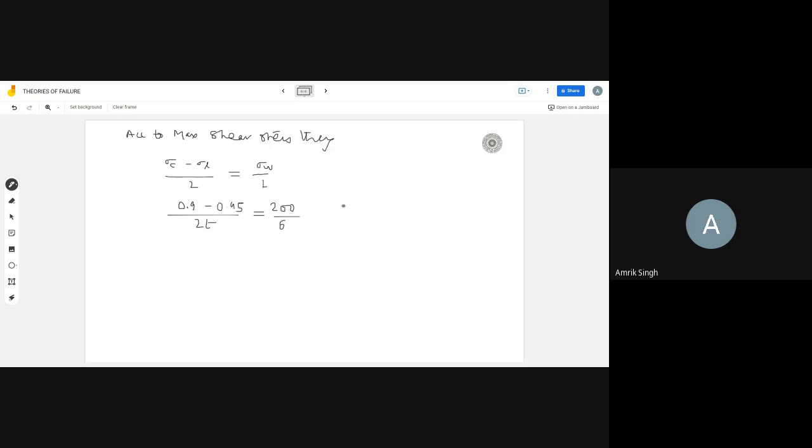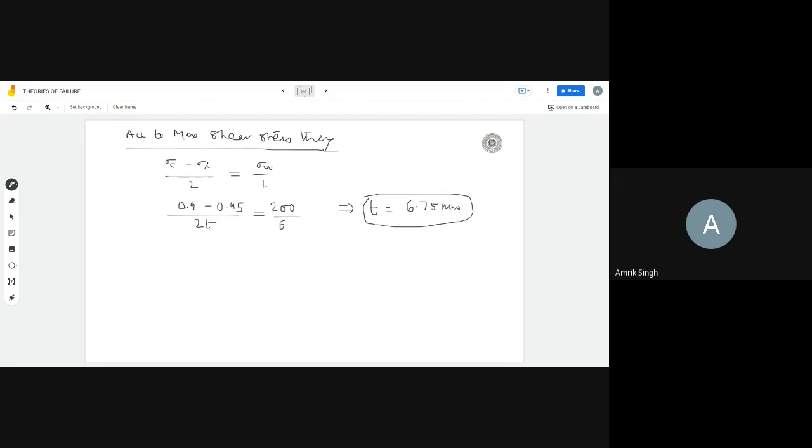So according to this, if we calculate t, t will be equal to 6.75. So this is according to the maximum shear stress theory.